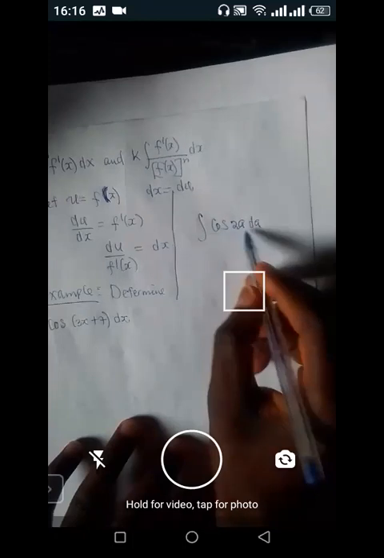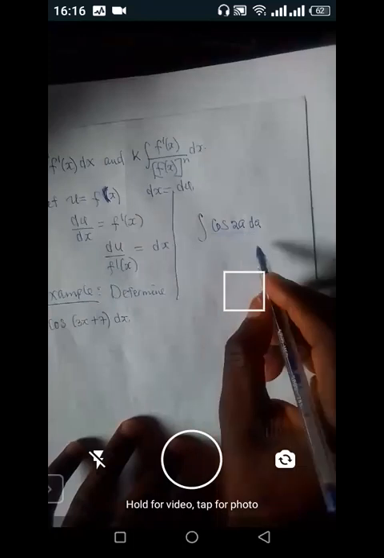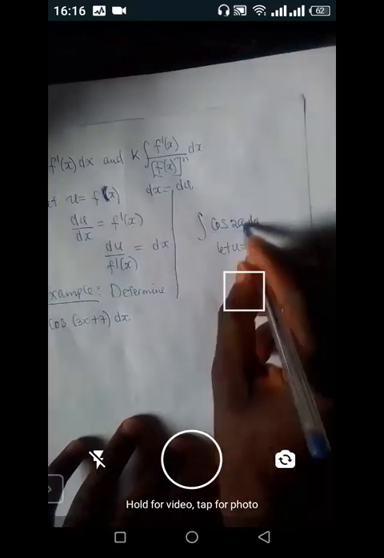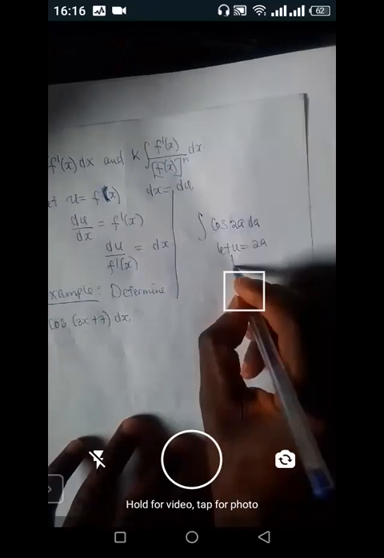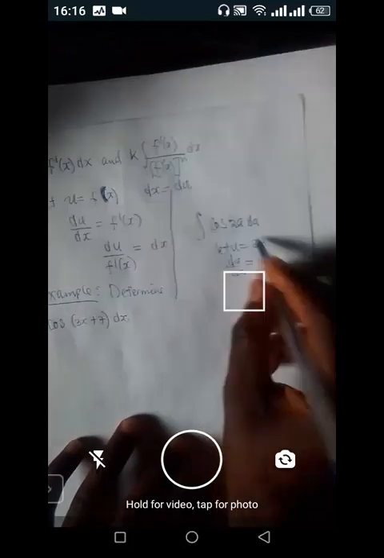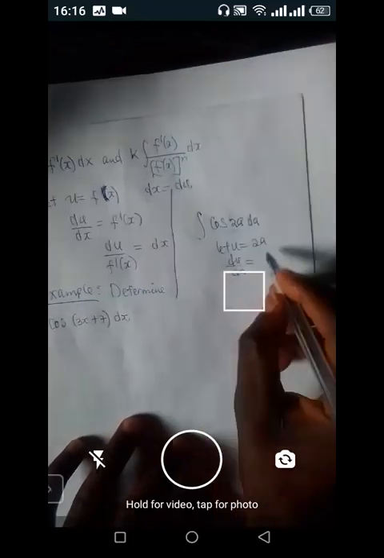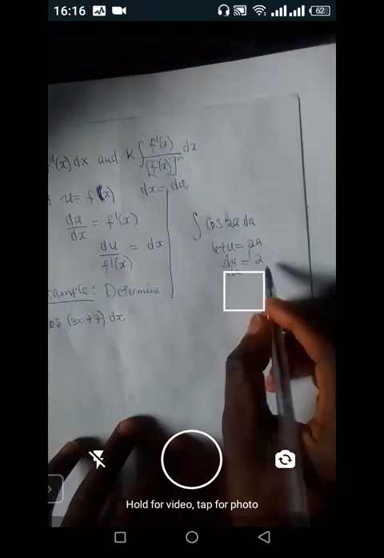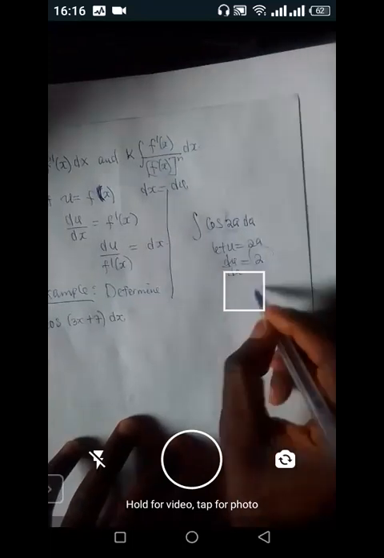When you have this, you can let u equal to 2A, so that du dA is equal to 2, then du over 2 is equal to dA.